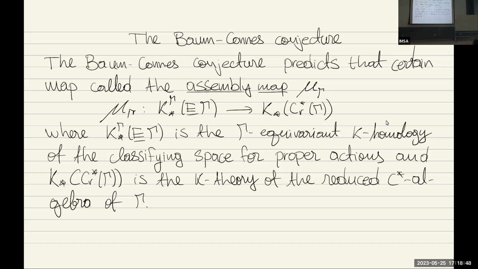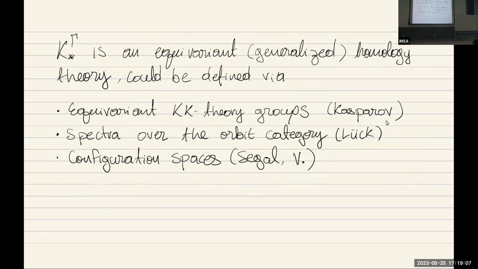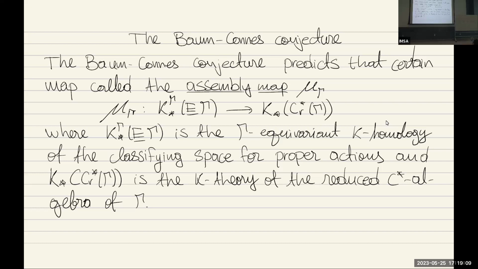For example, you could include the complex algebra inside the operators on L2, and complete using the L2 norm. Then we get the reduced C star algebra. And the Baum-Connes conjecture says that this map is an isomorphism.